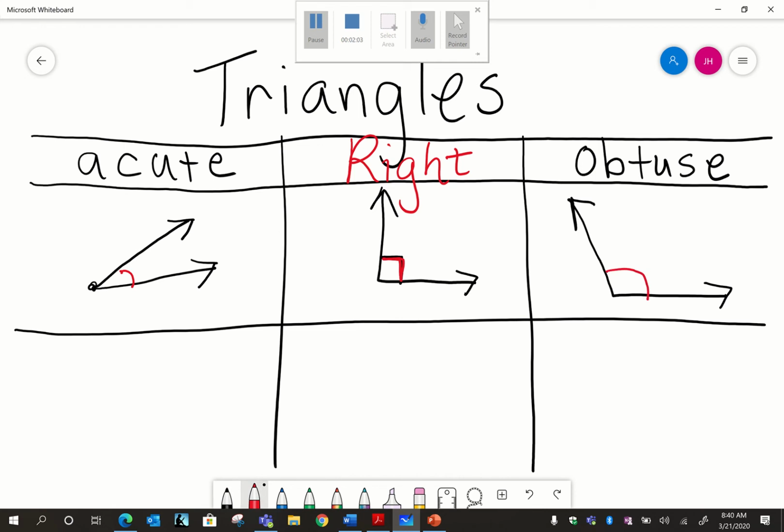Just like this. So when we're looking at the triangles, we will want to see, does it have acute angles, right angles, obtuse angles? Now, if it is an acute triangle, it will have 3 acute angles. Maybe I should write that below. Again, you can put this in a notebook if you want. 3 acute angles.